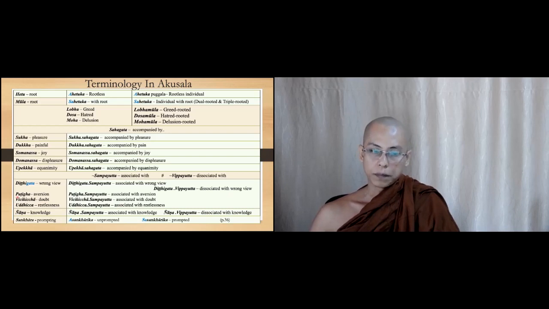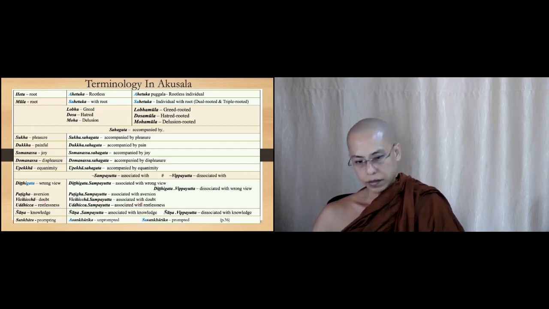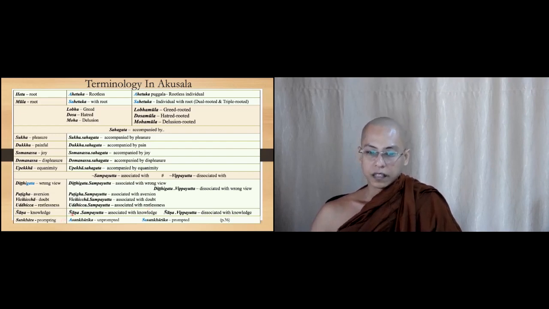So with the word patigha, aversion, patigha sampayutta; and vicikiccha, doubt, vicikiccha sampayutta, associated with doubt; and uddhacca, restlessness, uddhacca sampayutta, associated with restlessness. Then in the case of sobhana, the beautiful mind, it does not come with these mental fetters.